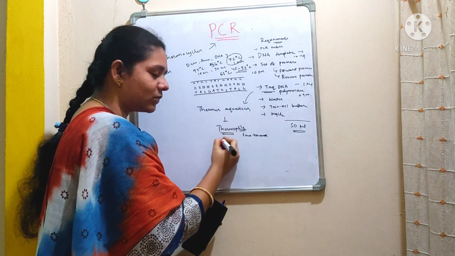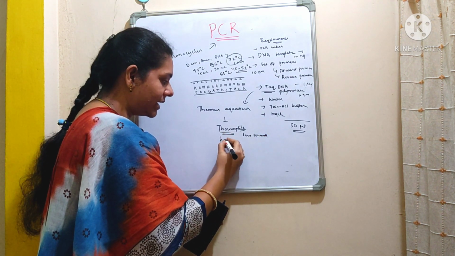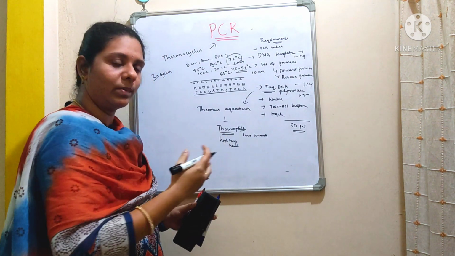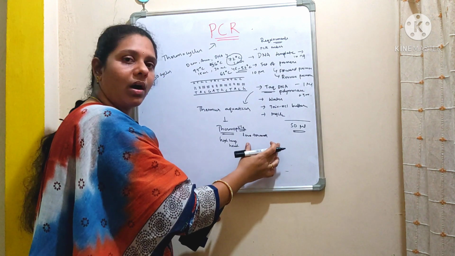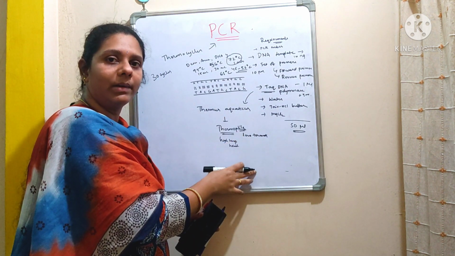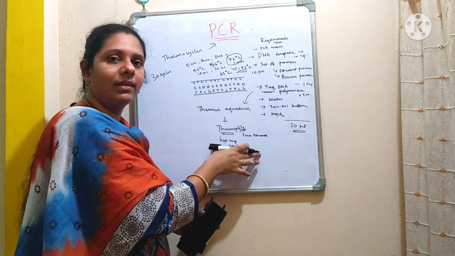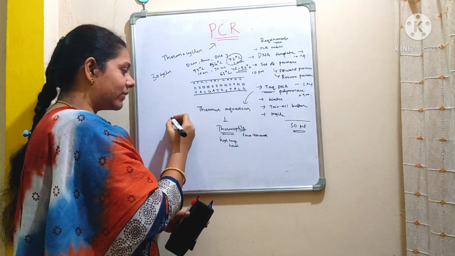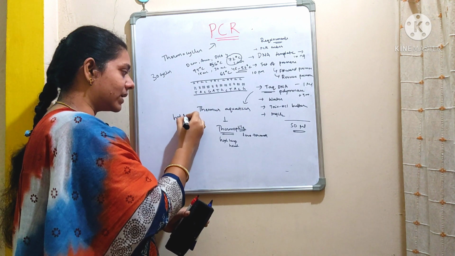Thermo means what? High temperatures, like heat. These organisms can grow at high temperatures, and that is the reason we call them thermophiles. And this organism, Thermus aquaticus, can live in hot springs.